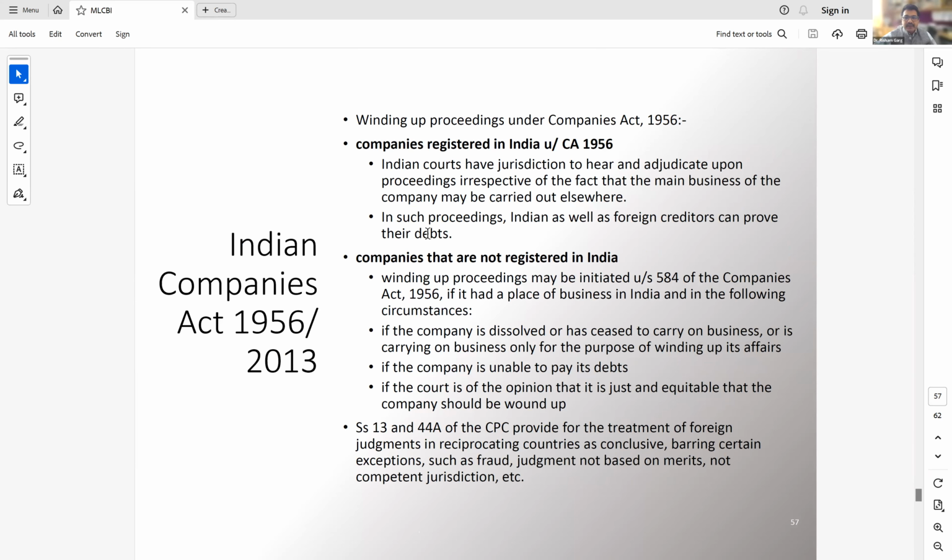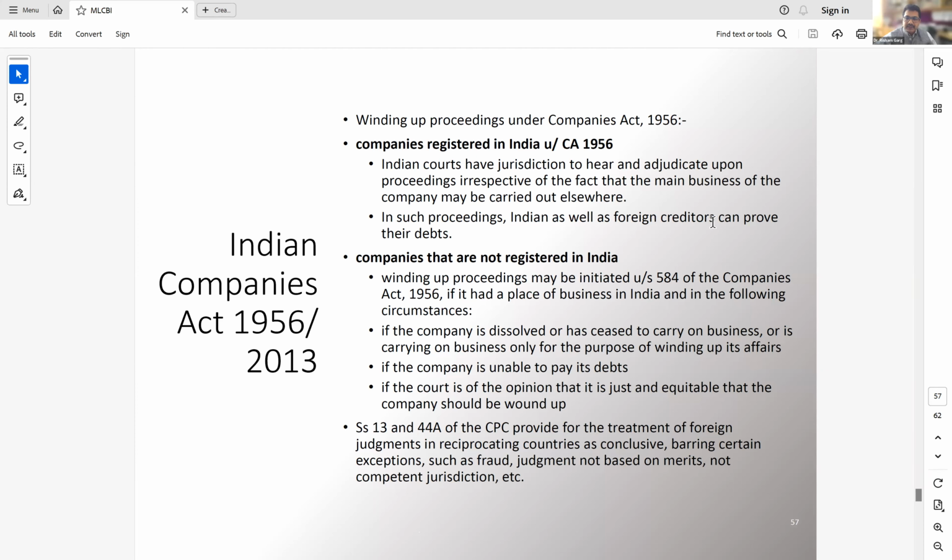Now, winding up proceedings under the Companies Act of 1956. For companies registered in India, Indian courts have jurisdiction to hear and adjudicate upon proceedings, irrespective of the fact that the main business of the company may be carried out elsewhere. In such proceedings, Indian as well as foreign creditors can prove their debts.